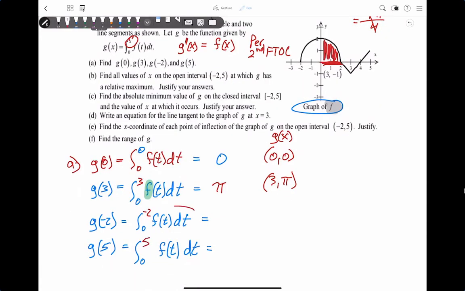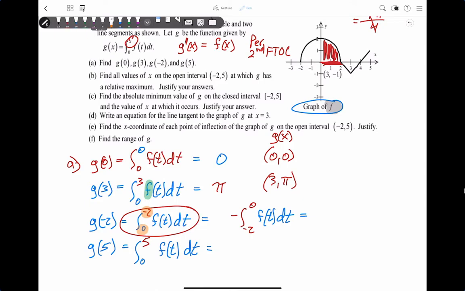Now, this right here should kind of be screaming at you. You are so used to going from left to right, or lower limit to upper limit, that this doesn't make sense right now. One of our rules, our laws of integration, is that we can flip these. We can flip the lower number to go on the bottom and the higher number to go up top. But when we do that, we have to account for it with a negative. And then the rest of it is still the same, f of t dt.